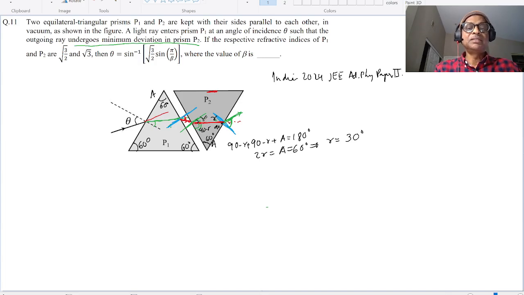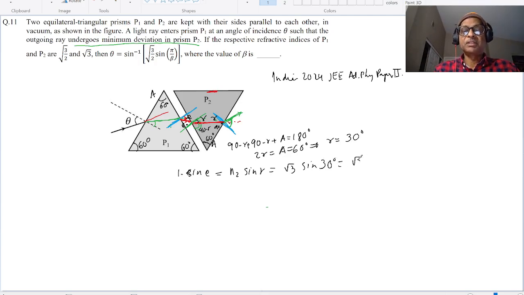So this is R, and this angle is going to be the same as that angle. Let's call the angle exiting from this first prism E. So what is E? Sine E is going to be n times sine R, and n is square root of 3, sine 30 degrees is a half, so sine E is square root of 3 over 2.